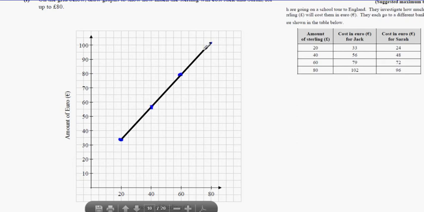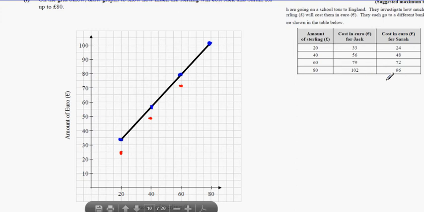Alright, next one is Sarah's, which is in red. She got €24 for 20 sterling, so it's 24 here. Then she got €48 for 40 sterling, which is around here. And then €72 for 60 sterling, so 60 sterling up here, 72 here.